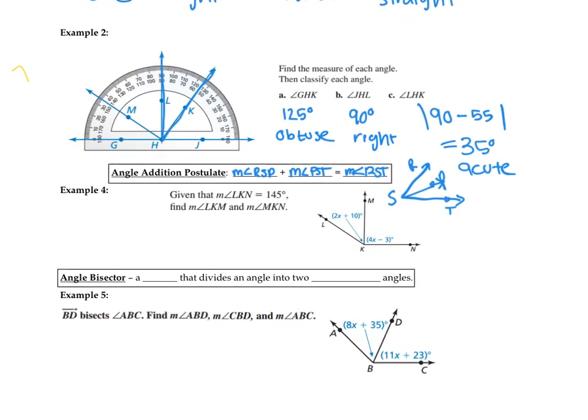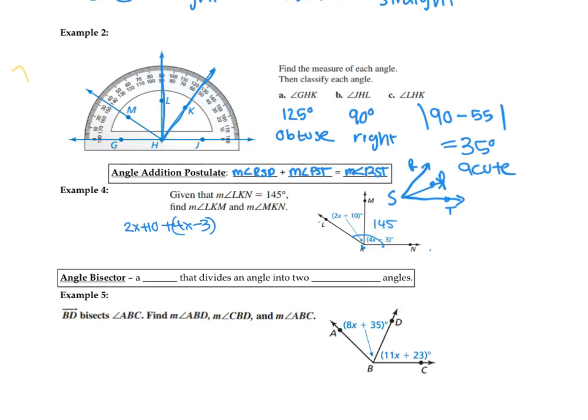All right, example 4. It says that given that the measure of angle LKN is 145 degrees, so that's LKN, that's the whole thing, 145 degrees. Find the measure of angle LKM and MKN. I'm going to use the angle addition postulate. I know that these two angles make up the larger angle. So I'm going to say (2x + 10) + (4x - 3).